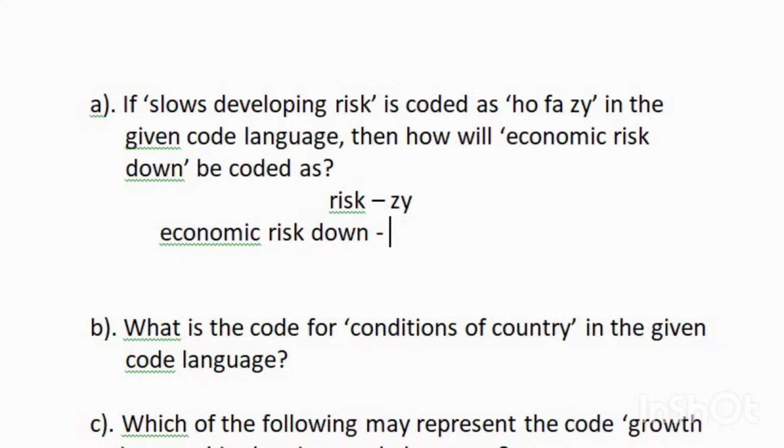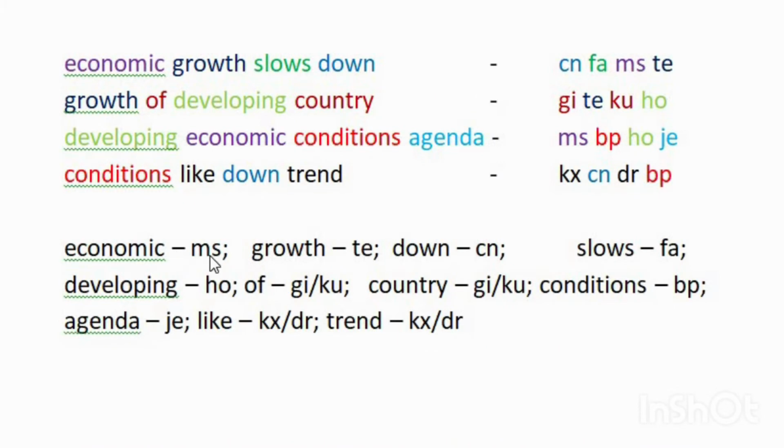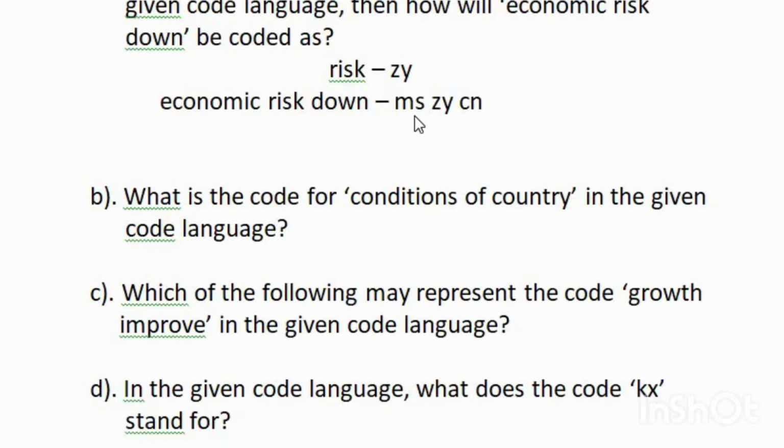What are the codes for economic and down? We got the code for economic, it is MS, and the code for down, it is CN. Risk, we got the code as ZY. So how will economic risk down be coded as? It is MS, ZY and CN, like this.